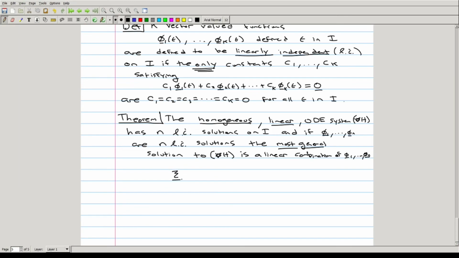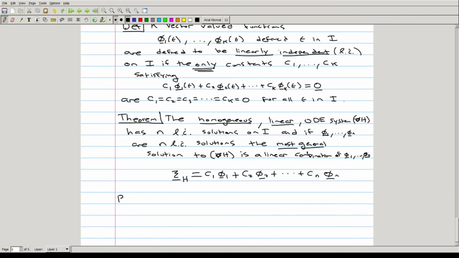So this psi H of t, and I'm going to omit the dependence on t here, but it's understood that if we're solving our ODE system, this is going to be a function of our independent variable t. This will be C1 phi1 plus C2 phi2 all the way up to Cn phi n.